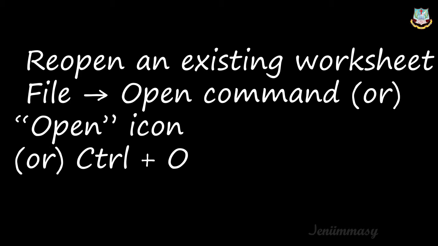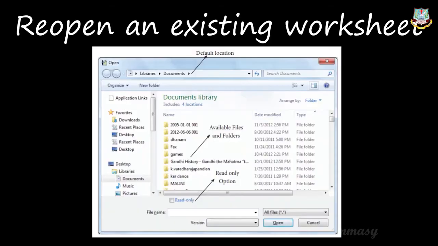And then the Open dialog box will appear. Here in this Open dialog box, if you see, the default location is Documents. The Documents folder will be opened as the default one, right? So wherever your file is, if you have saved the file on the desktop, you can just click Desktop. On the left side you have Favorites, Downloads, Recent Places, Desktop, like that, and from here you can select it.